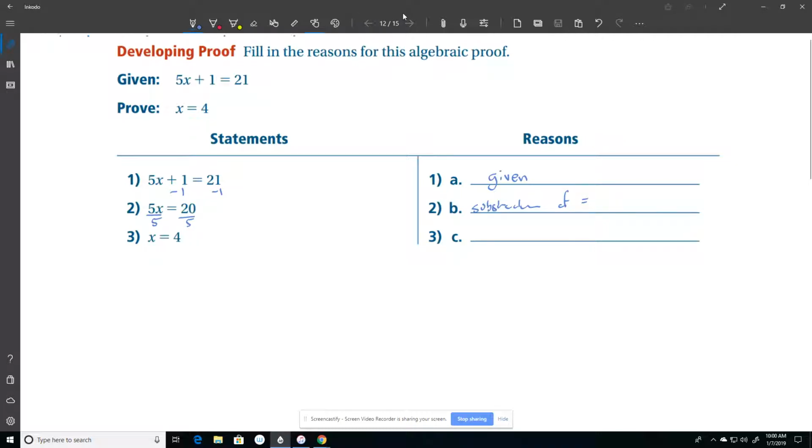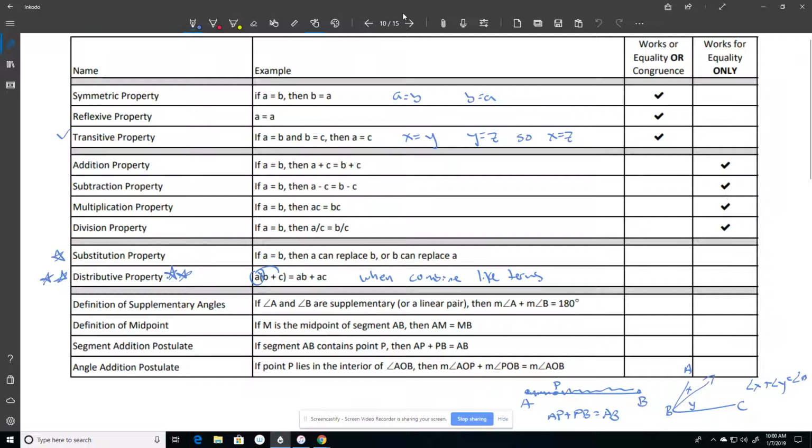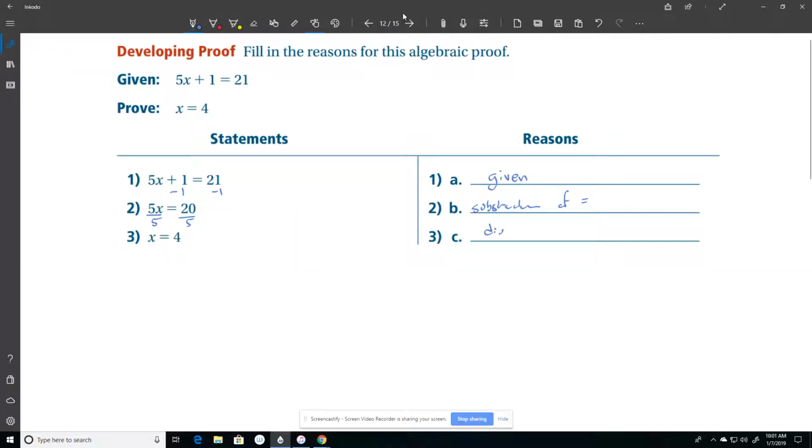That's one of our notes right here. The division property of equality says that I can divide both sides. So down here, I would put division property of equality. And that's what I wanted to prove, that x was equal to 4. So I'm done.